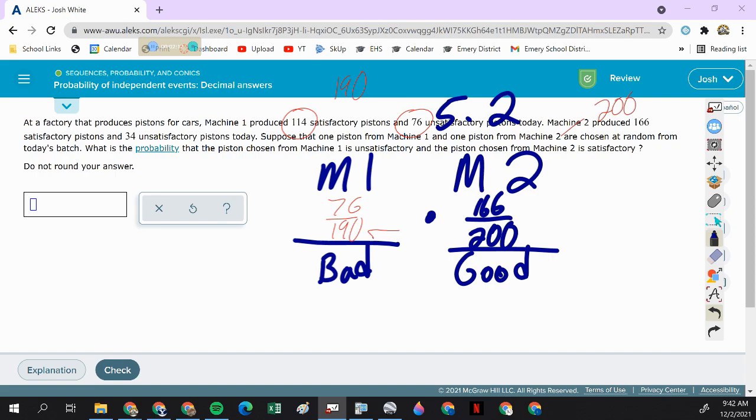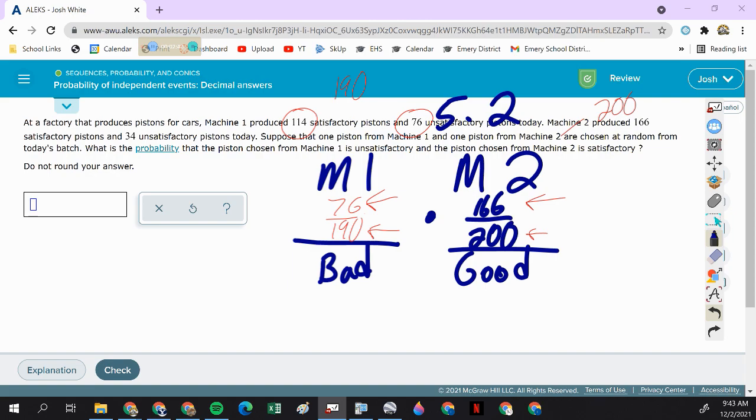We get this number by adding the good and the bad together. And then this is the number of bad pistons, and this is the number of good pistons. And then you just multiply the two fractions, which is top times top divided by bottom times bottom. Or you could just do 76 divided by 190 times 166 over 200.